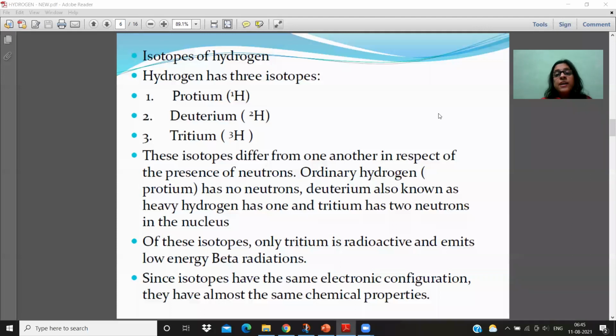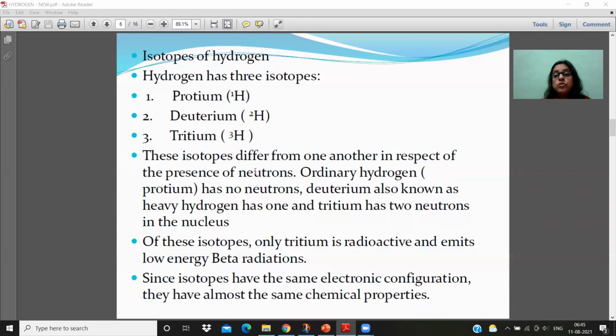Now, if we talk about the isotopes of hydrogen, hydrogen has three isotopes: protium, deuterium, and tritium. Protium is 1H1, where one is its mass number. Deuterium has mass number 2. Tritium has mass number 3. And the atomic number is the same, 1, in all three cases.